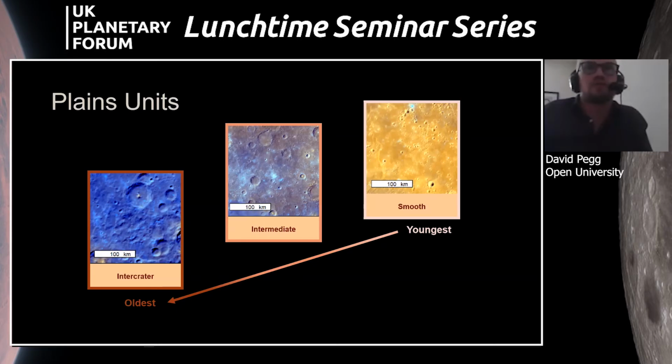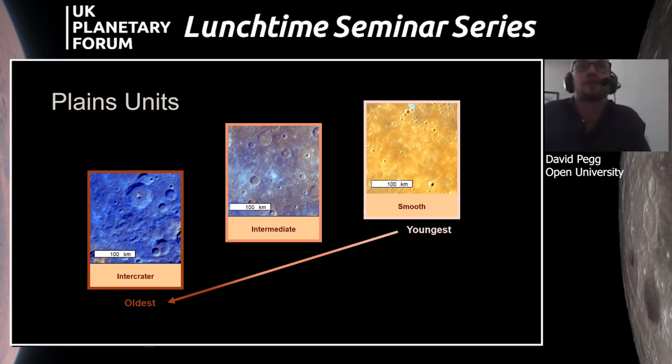The intercrater plains also have quite a high level of carbon and sulfur in there. In fact, for all of Mercury, I'm fairly sure sulfur is at a similar weight percentage to iron in some of the rocks. So it's a very volatile-rich planet and compositionally interesting.